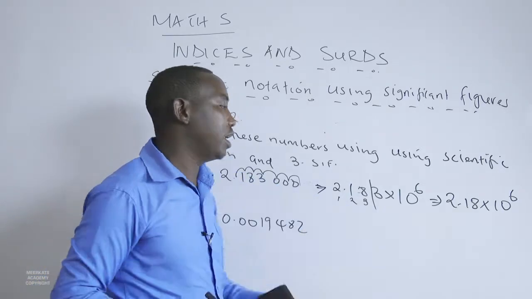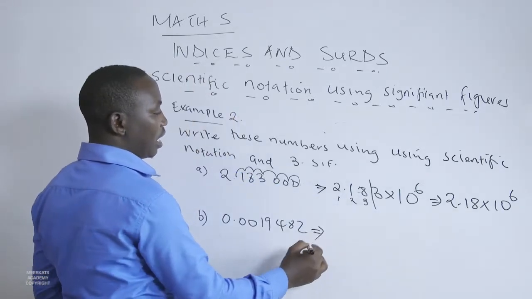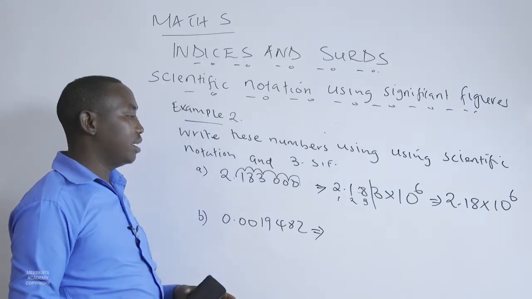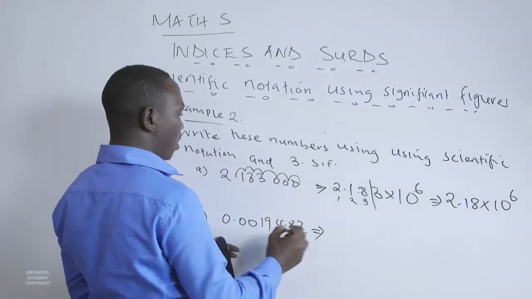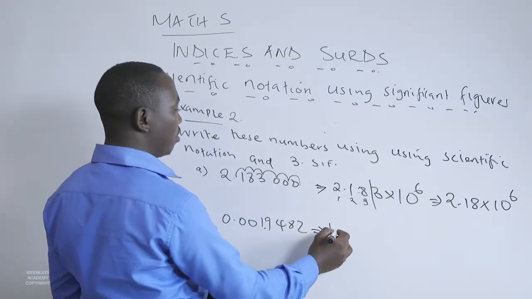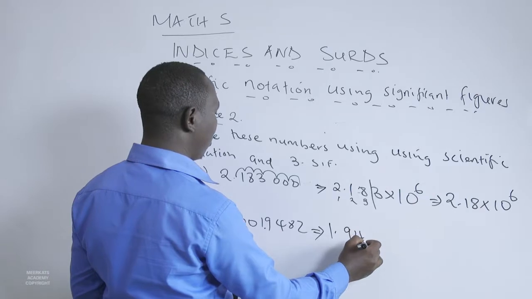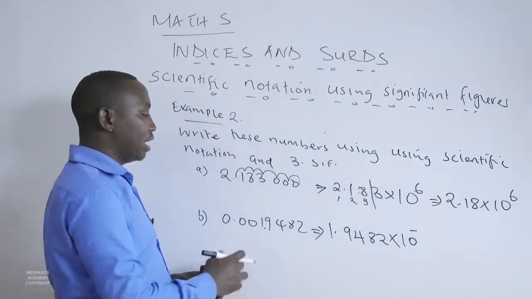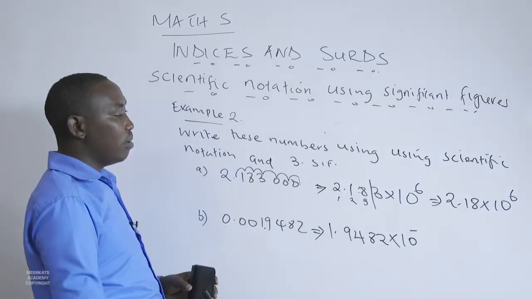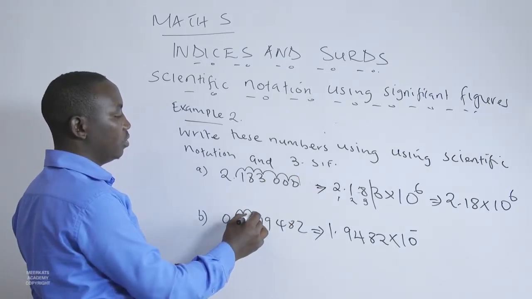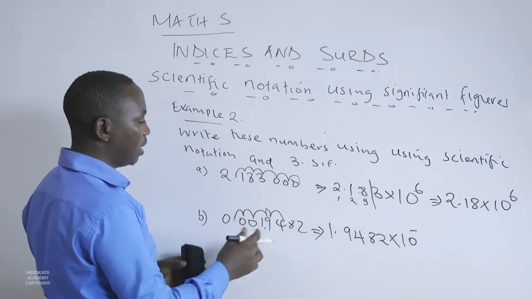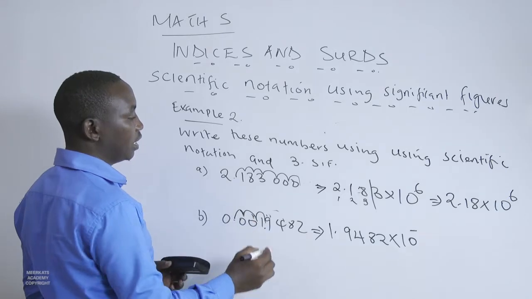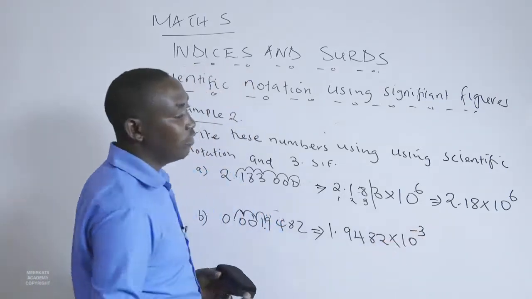For the second bit, when we write this in scientific notation, the first non-zero is 1, therefore this will be 1.9482 times 10 raised to. It's going to be negative because we are moving towards the positive side. We'll have moved 1, 2, 3 steps, so it will be negative 3.